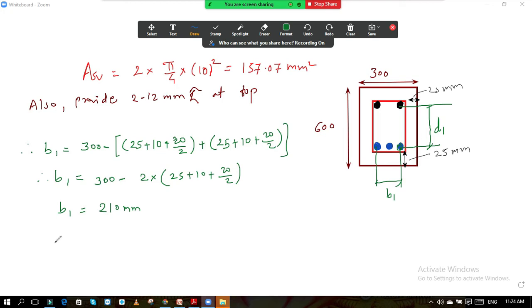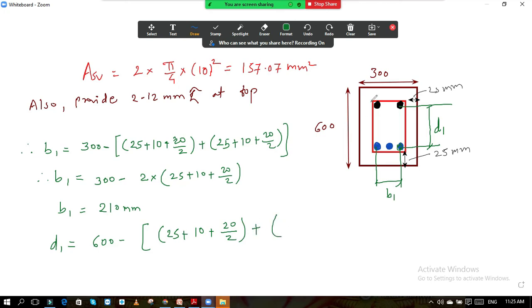Now how do we calculate the D1? So D1 is equal to total depth is 600 minus here. First we will consider the bottom side. Bottom side ला cover किती आहे? Clear cover 25 plus stirrup चा bar किती आहे? 10 चा आहे plus बॉटमच्या सेंटरच्या बारला जायचंय, तर बॉटमच्या सेंटरचा बारचा डायमीटर आहे 20 by 2.